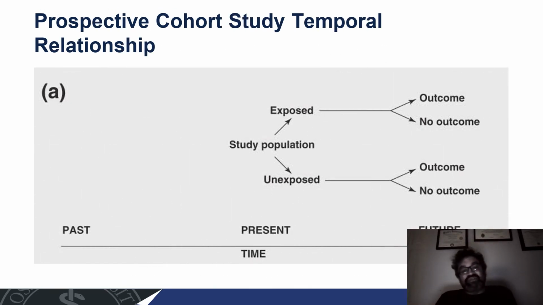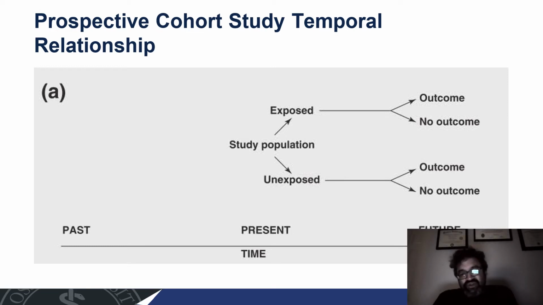So with the prospective cohort study, there's the temporal relationship between past, present, and future. The study population is exposed and unexposed. And then in the future, what you know right now is the exposed and unexposed.